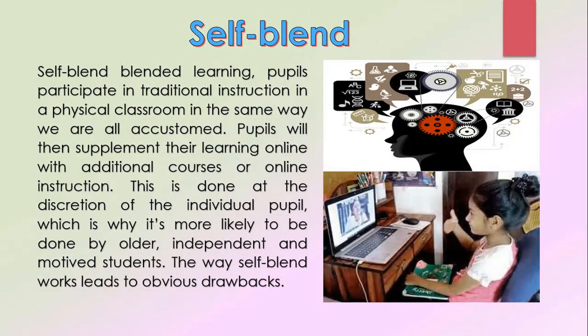Self-blend model. In self-blended learning, pupils participate in traditional instruction in a physical classroom, in the same way they are all accustomed to. Pupils will then supplement their learning online with additional courses or online instruction.